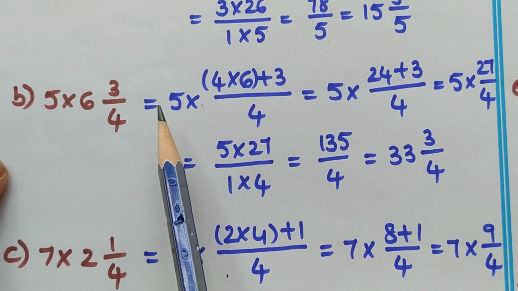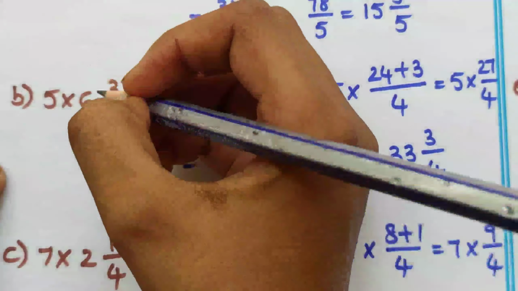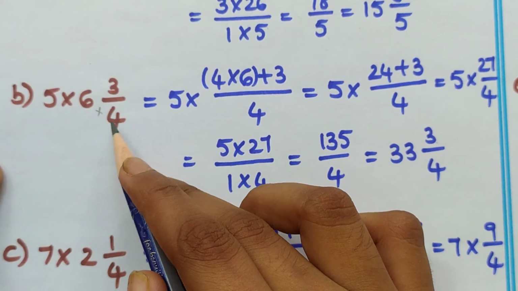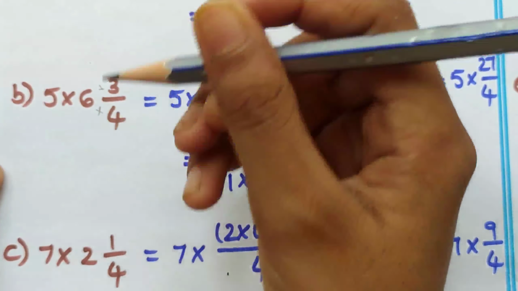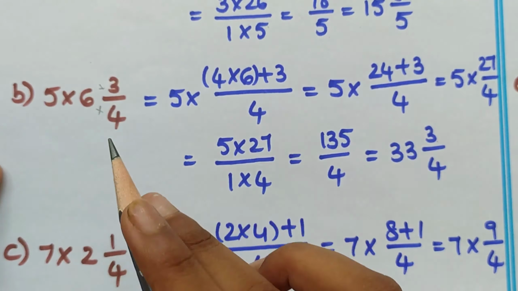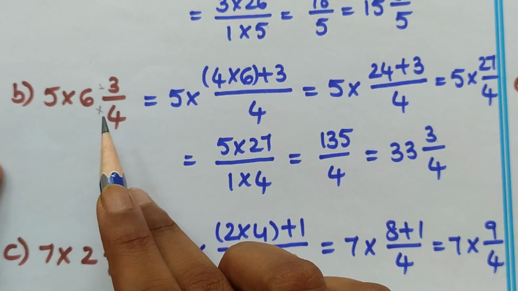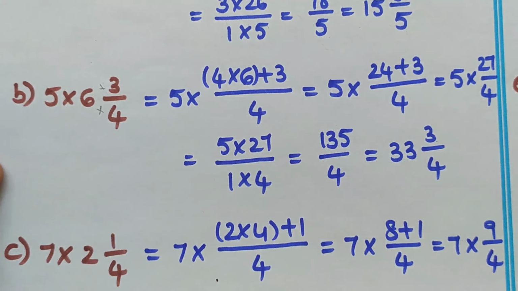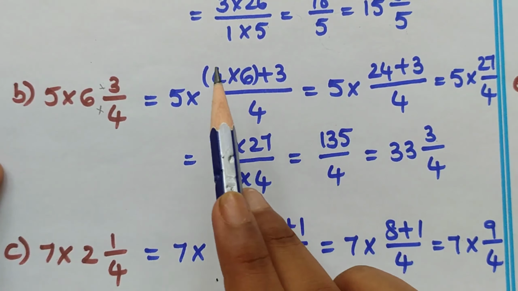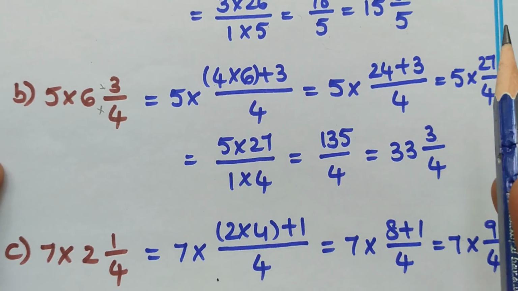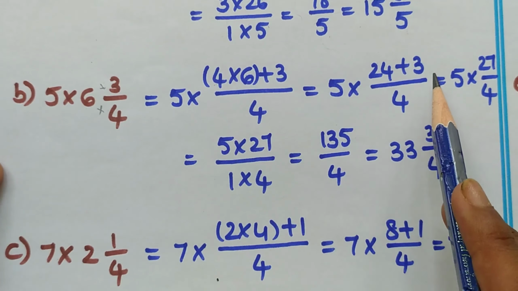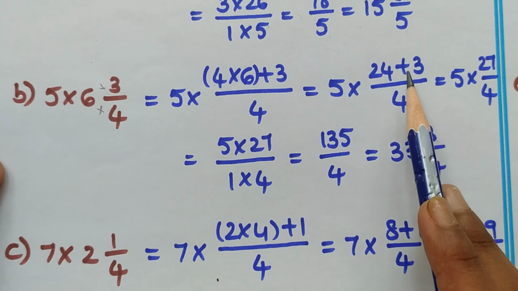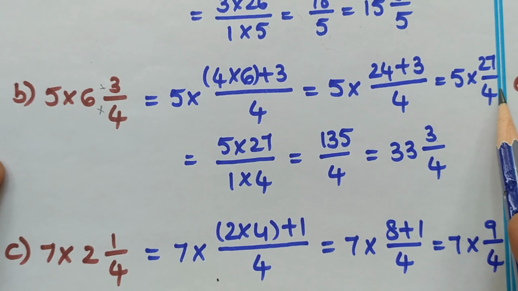See here friends, 5 into (4 into 6 plus 3) by 4. 4 sixes are 24, plus 3 is 27 by 4.